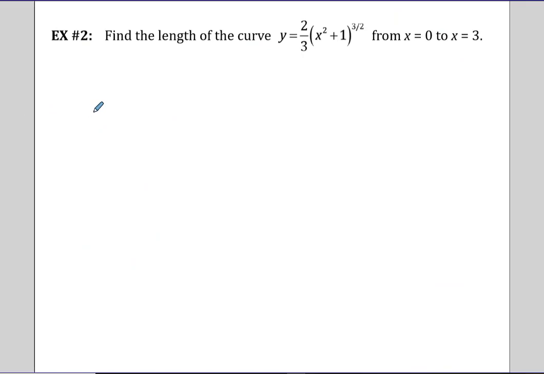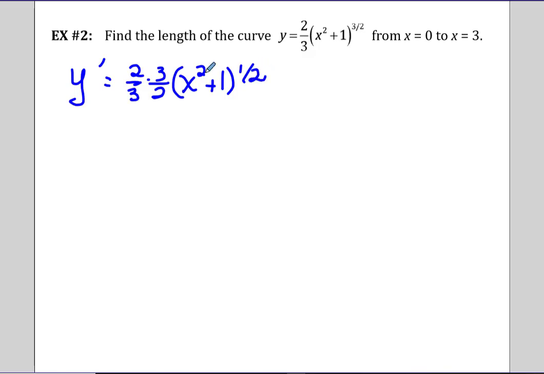It's a little tedious. This one, find the length of the curve, 2/3 times x squared plus 1 to the 3/2 power from 0 to 3. So we want the derivative, which is 2/3 times 3/2, and x squared plus 1 to the 1/2 power, and then the chain rule on the inside is 2x. So this looks like it simplifies down, and our derivative becomes 2x times x squared plus 1 to the 1/2 power.